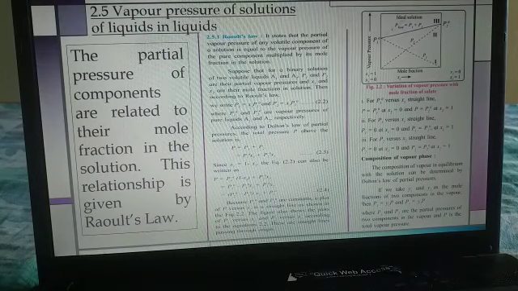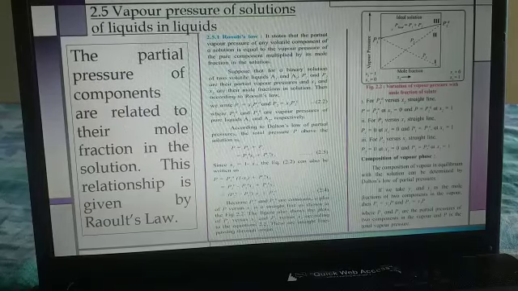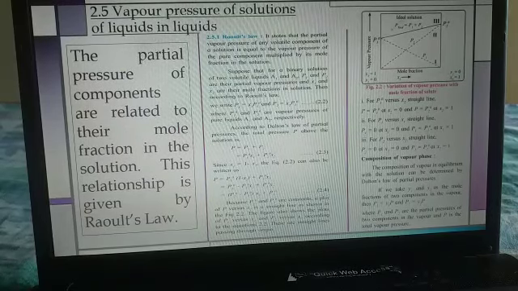Put them in a closed container, because of their volatile nature they exert vapor pressure. The vapor pressure becomes constant and the solution reaches equilibrium. So the vapor pressures are P1 and P2, and similarly the mole fractions are X1 and X2.